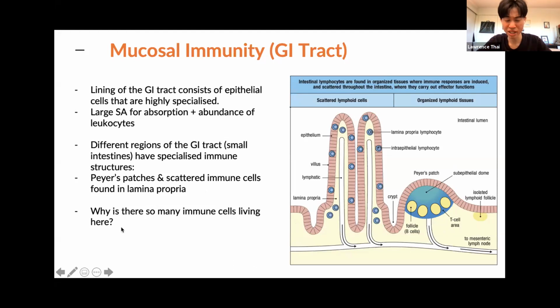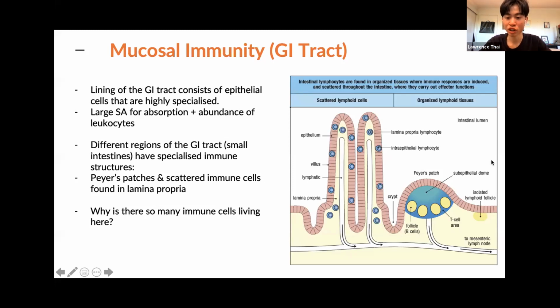So you might ask, why are there so many immune cells living around this area? Well, because we've got such a large surface area for the absorption of nutrients and food, your body kind of shoots an arrow at itself, where now we've also got a large surface area that's vulnerable to invasion by microbes.